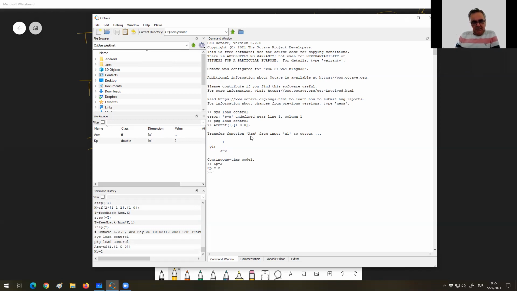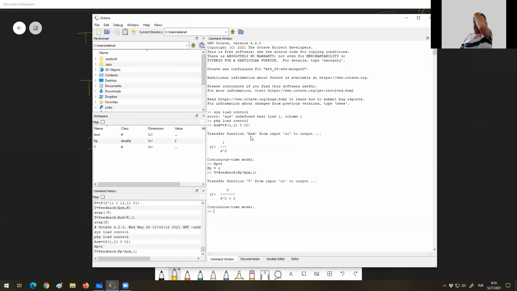In this case, the closed loop transfer function T is Kp times the arm with unity feedback. So it is 2 over s squared plus 2 will be our closed loop transfer function.